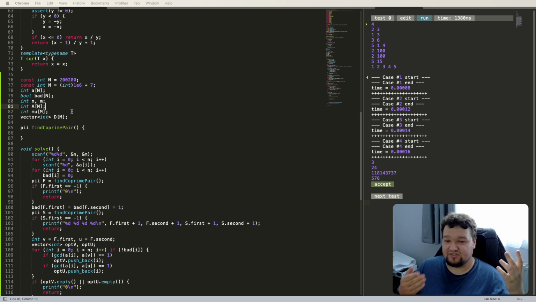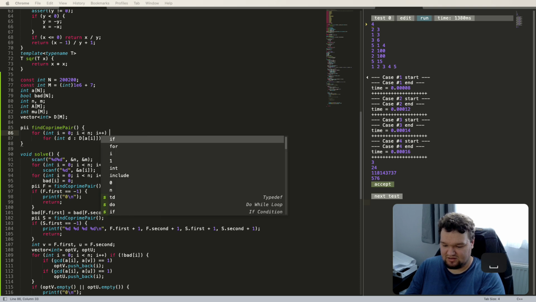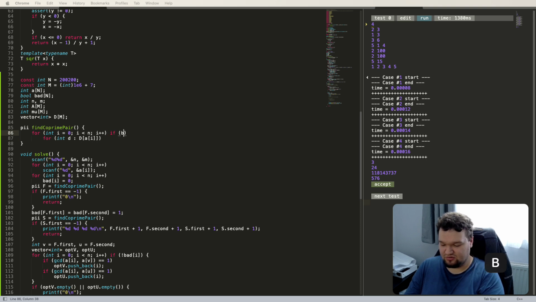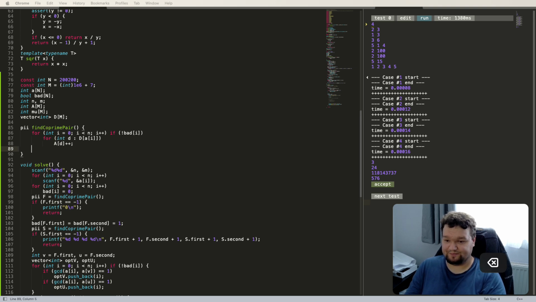And if it is non-zero, then we can find one by just checking all of them. And I need to not forget to ignore the bad elements. If not bad, run through all the divisors and increment.